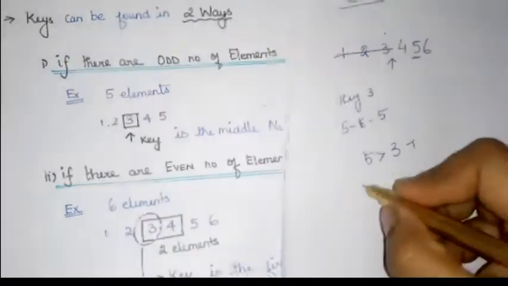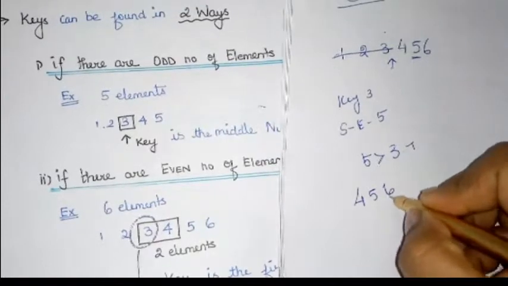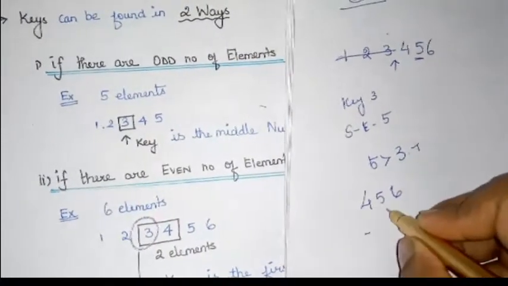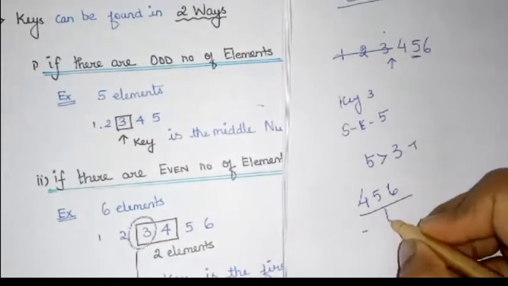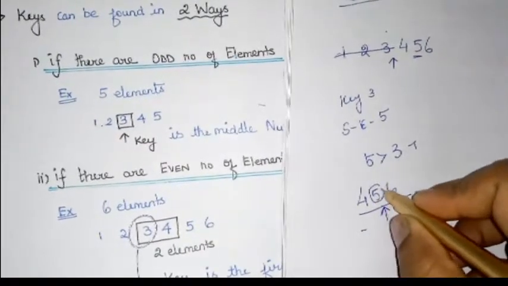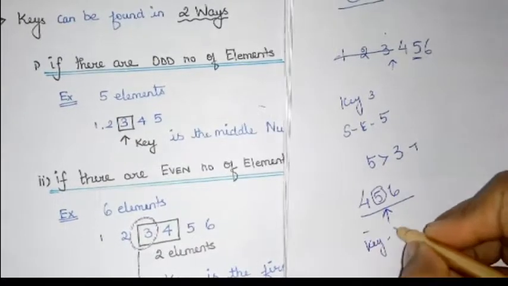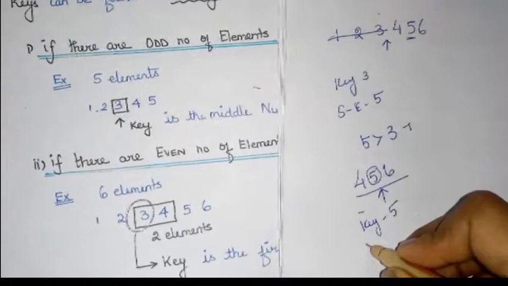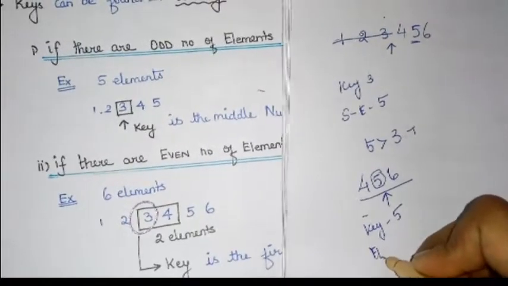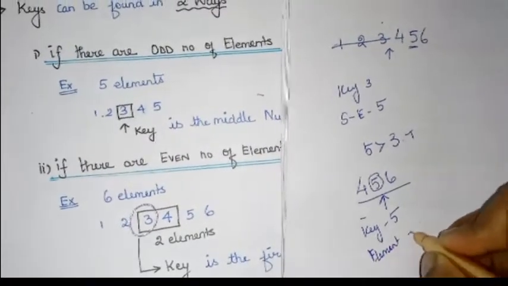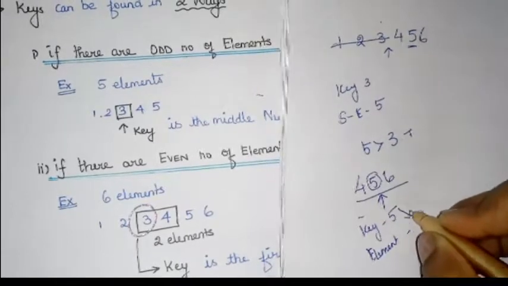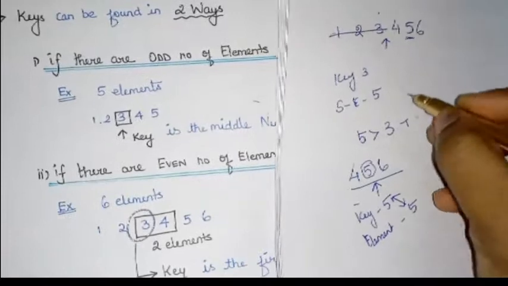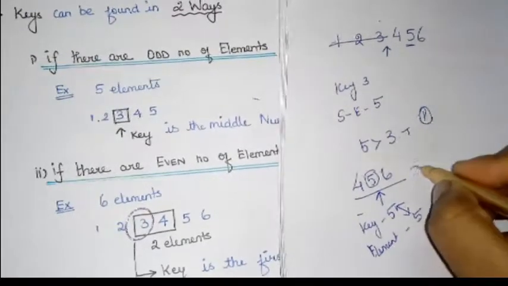Now my new series will be 4 5 6. My search element is 5. Now my new key is the middle element, and the element to be found is also 5. So in this case my element is found.